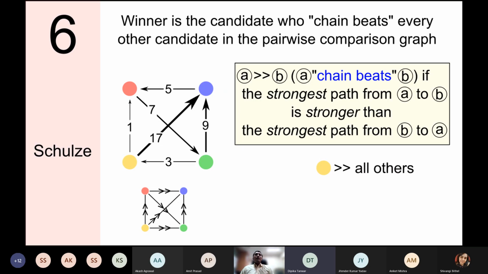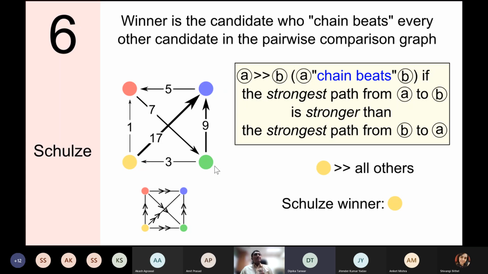Now I want you to read the definition on the top of the slide. Schulze says that the winner is the candidate who chain beats every other candidate in the pairwise comparison graph. So according to Schulze, the winner should be yellow. This is a pretty interesting definition, using graphs and paths.